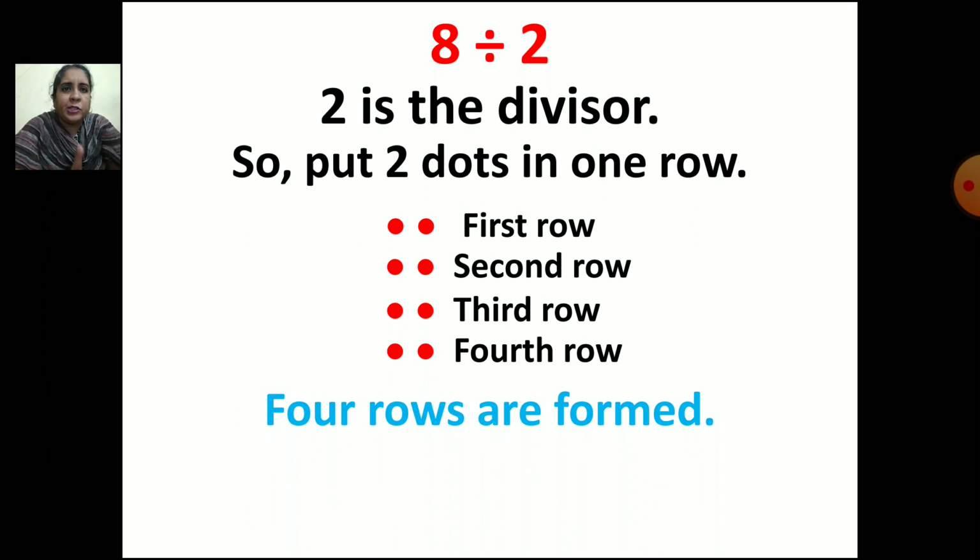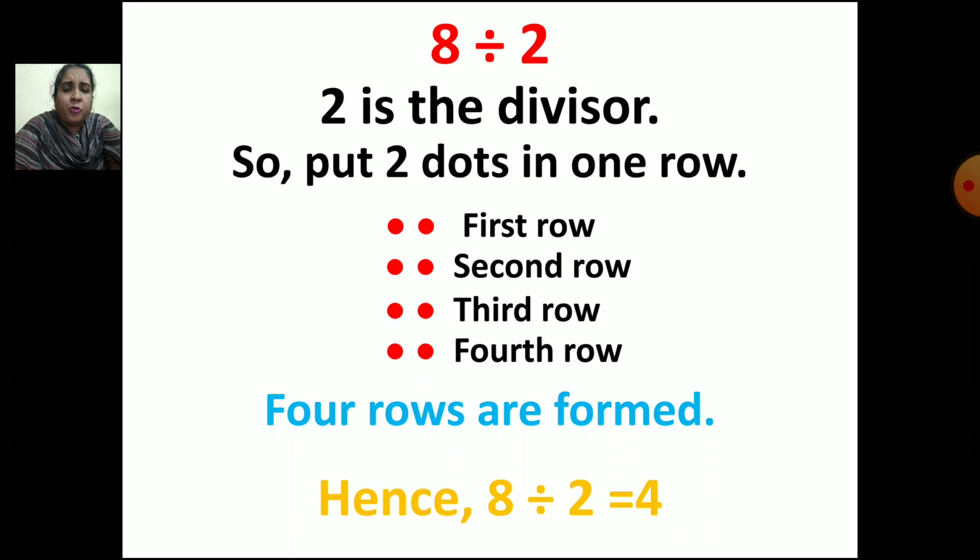Because our question is 8 divided by 2. So we got 8 dots, in 4 rows. So your answer is 4. Hence 8 divided by 2 is equal to 4.